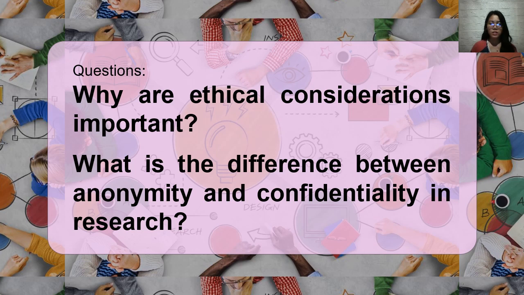Next question is, what is the difference between anonymity and confidentiality in research? The difference between anonymity and confidentiality is that anonymity refers to the actions undertaken by the researcher to ensure the participants' identity cannot be linked to their responses.